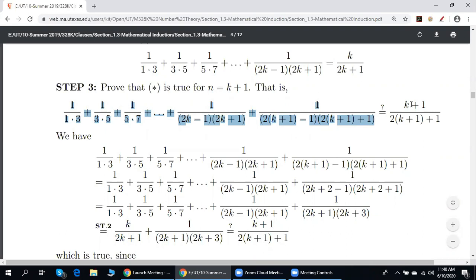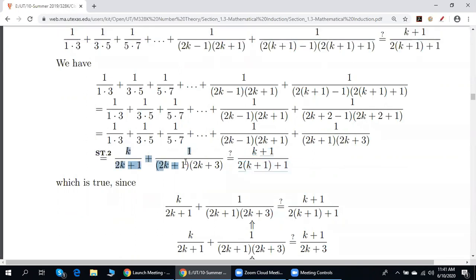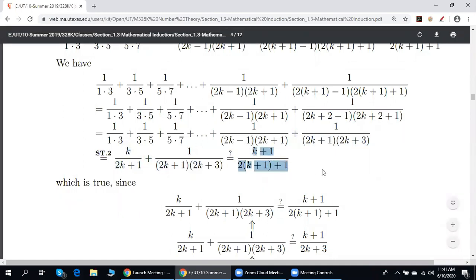But the left-hand side should be equal to the right-hand side. So again, here we put a question mark and the right-hand side. We still have to prove that this is identically equal to this. How do we prove it?